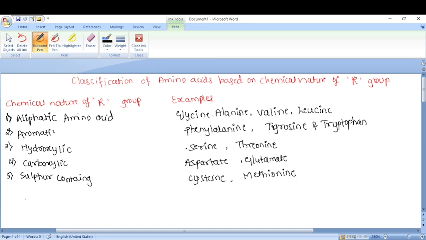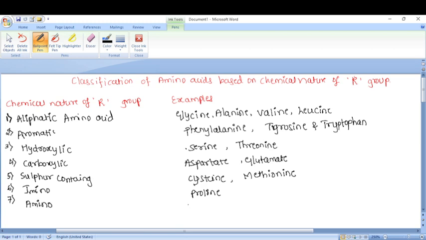Next, sixth one, imino acid, that is proline. Amine group containing amino acid, that is only one, which is proline. Next one, amino group containing.